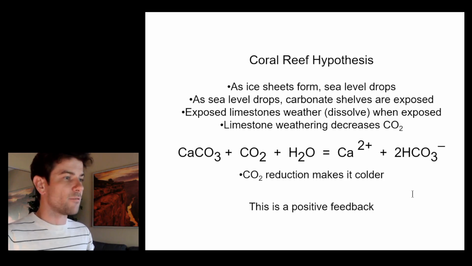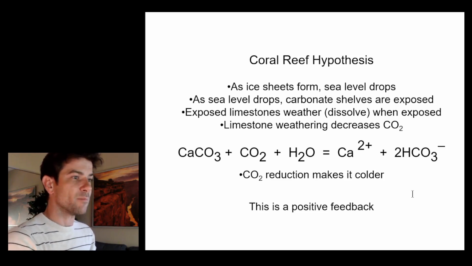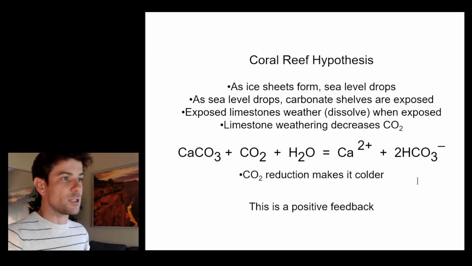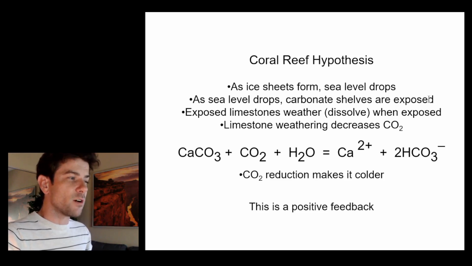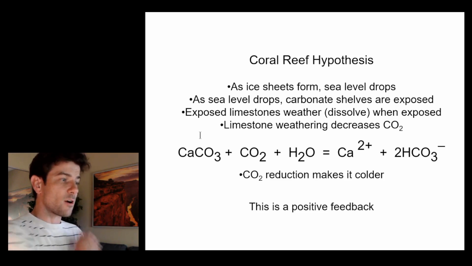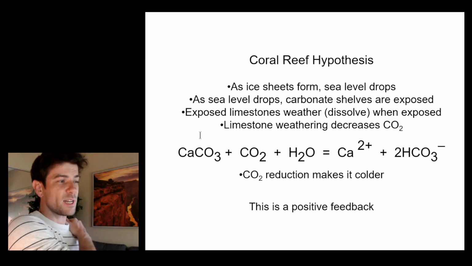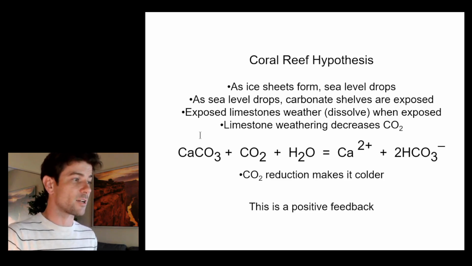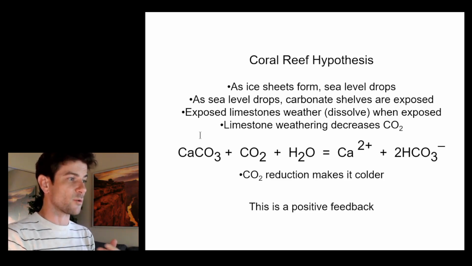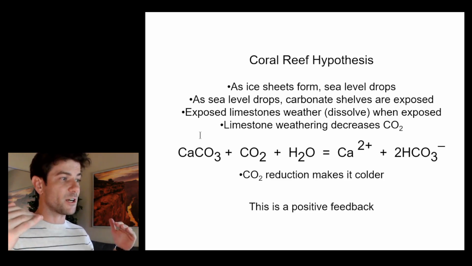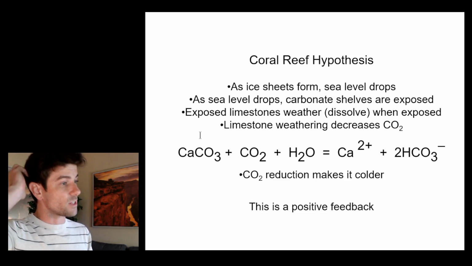Okay, a very similar negative feedback is called the coral reef hypothesis. Okay, and so as ice sheets form, sea level drops. As sea level drops, carbonate shelves are exposed. Okay, and so there are lots of carbonate secreting organisms in the ocean that create reefs. You guys are all familiar with that. Coral reefs, and coral reefs are generally in very, very shallow water because they're all photosynthetic organisms.